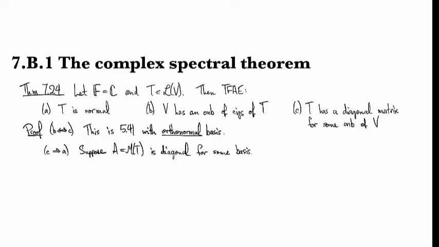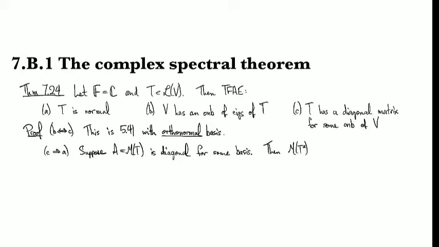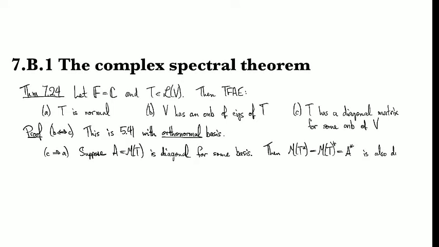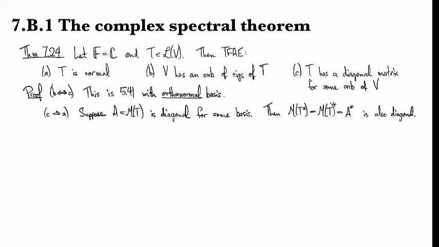Then if we look at the matrix for the adjoint, we saw this is the conjugate transpose of the matrix of the original. So that's going to be the conjugate transpose of A. But then A is also going to be diagonal in this basis, because when you take the transpose of a diagonal matrix, it's still diagonal.